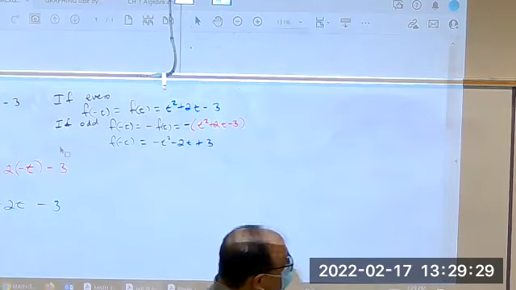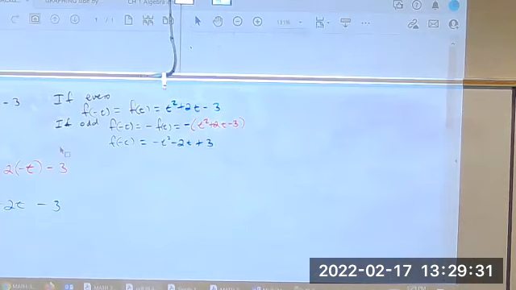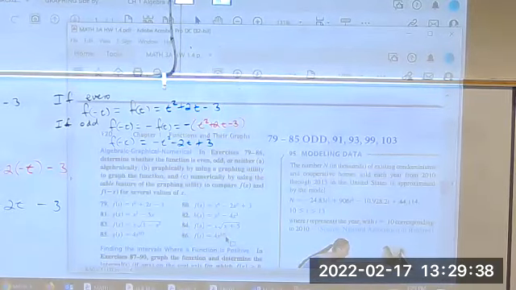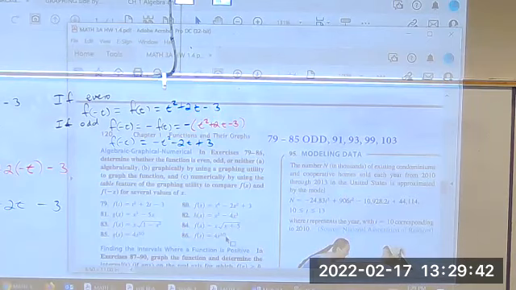So this is a needle. Now 79. So 81, 83, or 85.